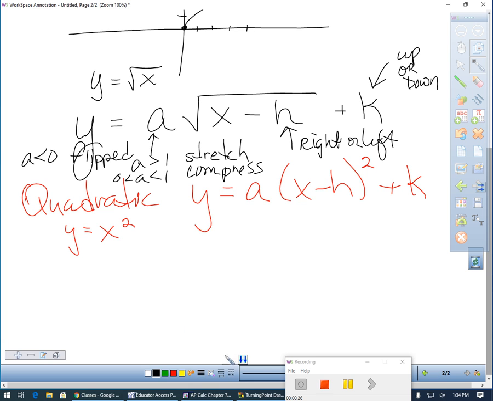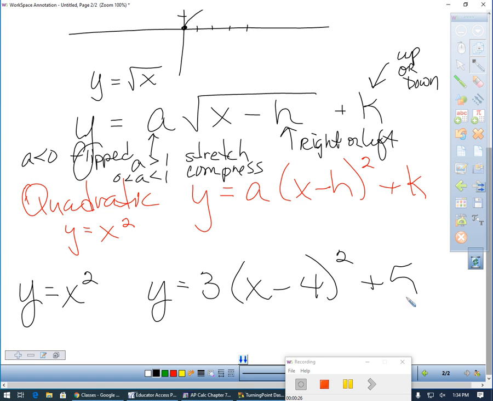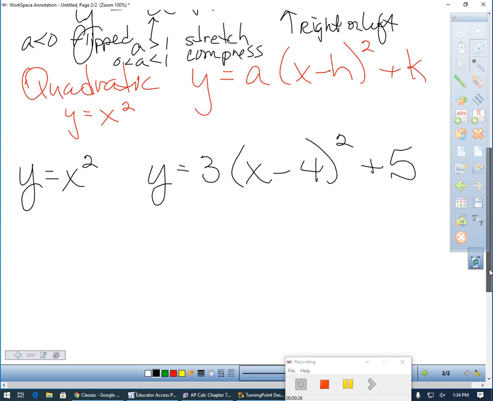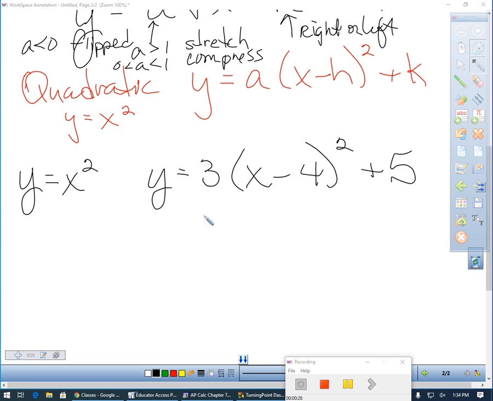So back in the day, for a parent function of y equals x squared, if we had y equals 3 times x minus 4 squared plus 5, you all told me back then that this was a stretch of 3. This went to the right 4, and that was up 5.